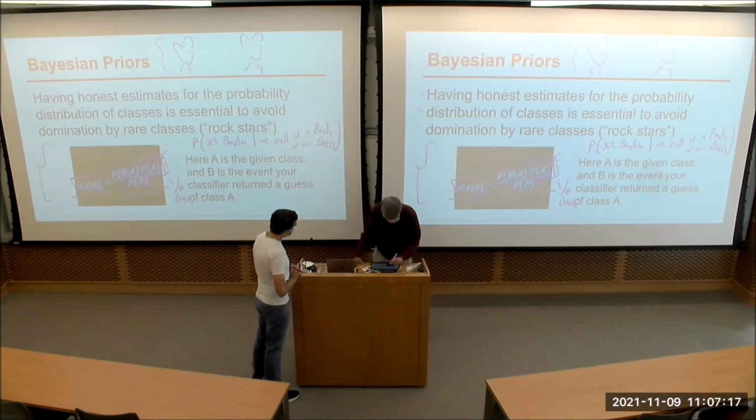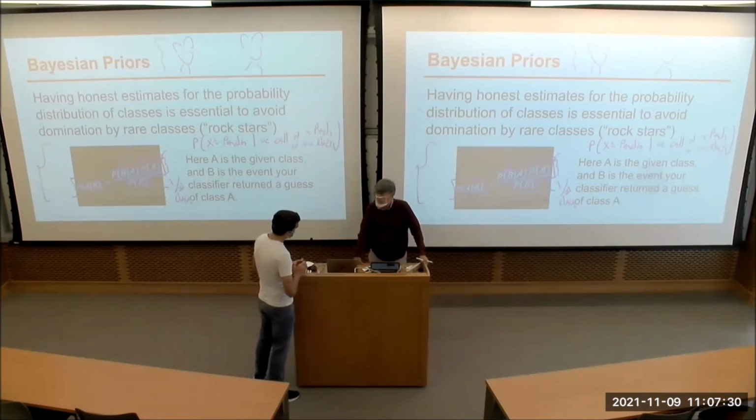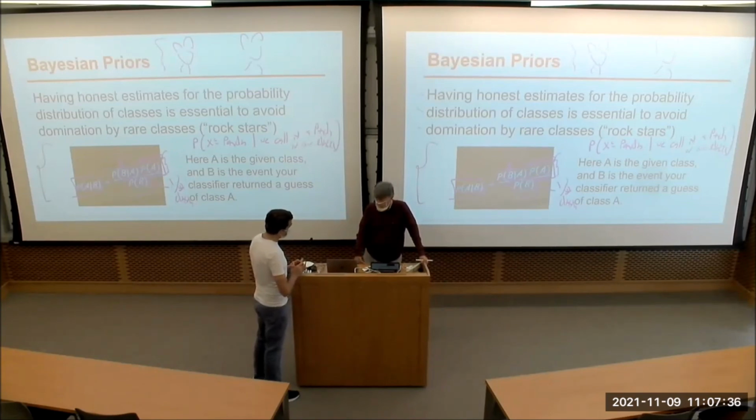Now, then there is this thing. What is the probability we called it a panda, given it really was a panda? This is the accuracy of the classifier. And what does that work out to?